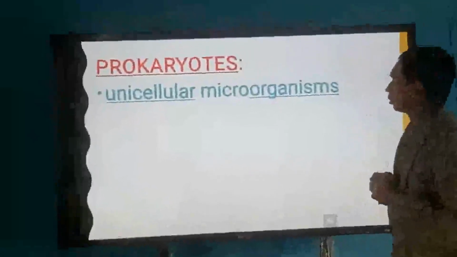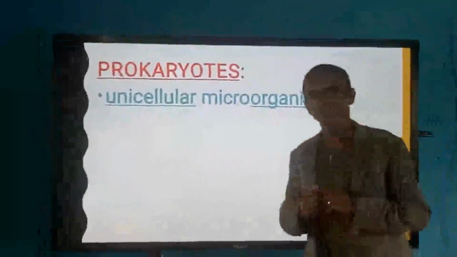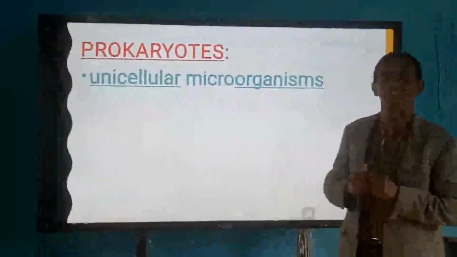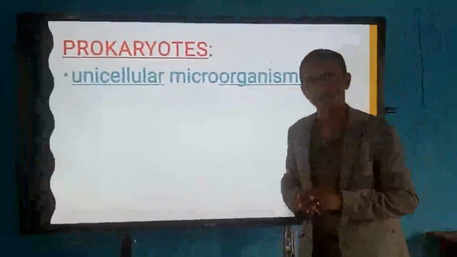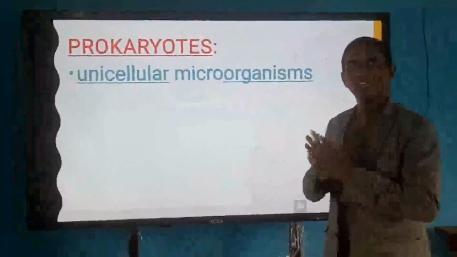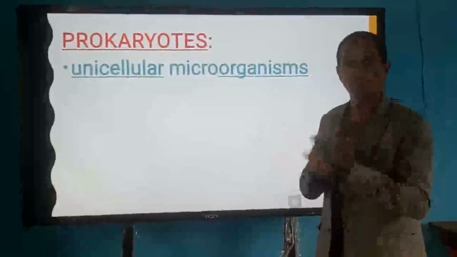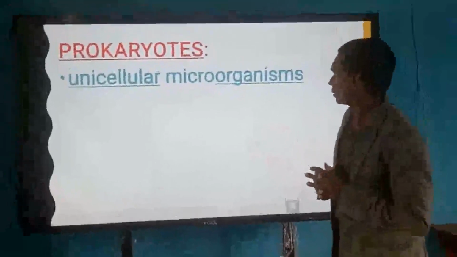Normally we categorize unicellular organisms as prokaryotic organisms. Why? They have very primitive cellular structures, which means they don't have the developed cellular structures of eukaryotic organisms.